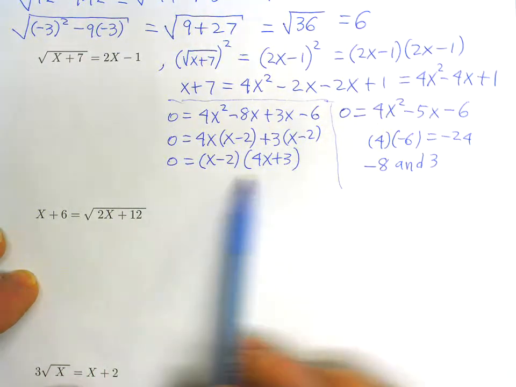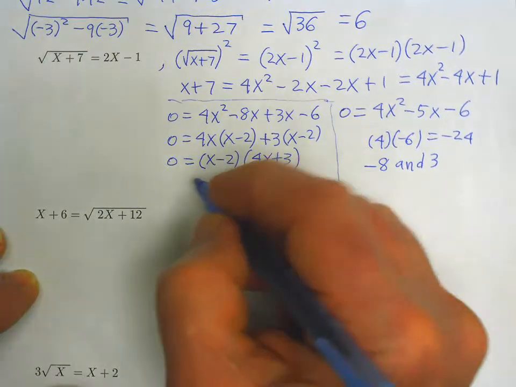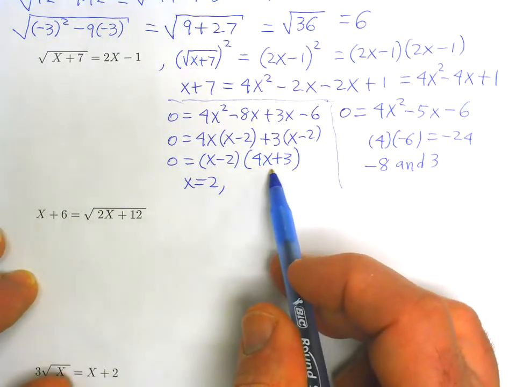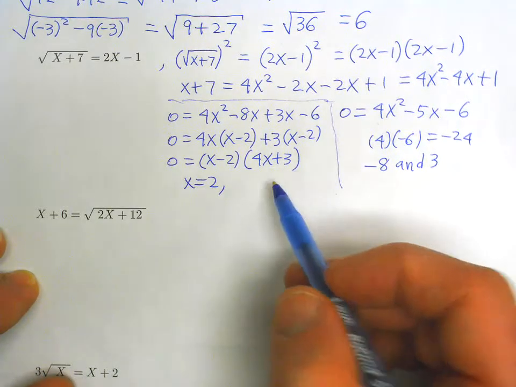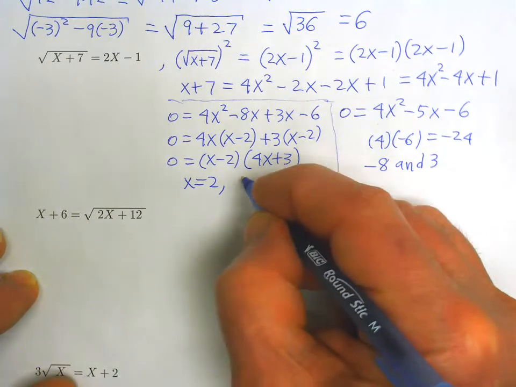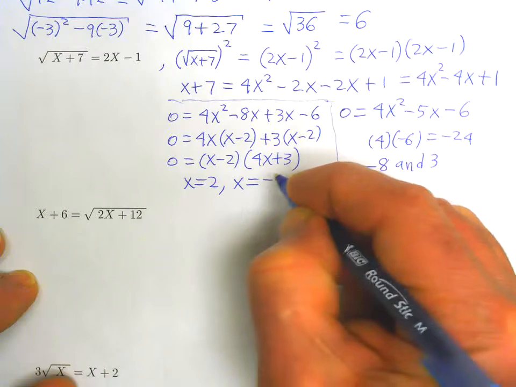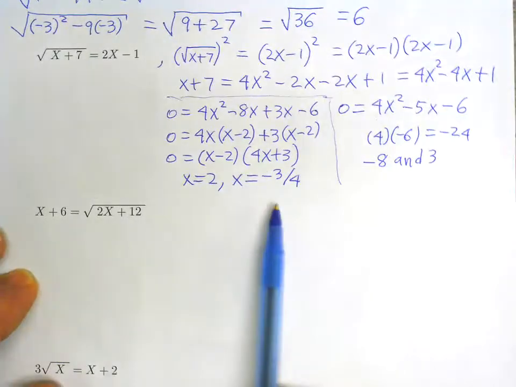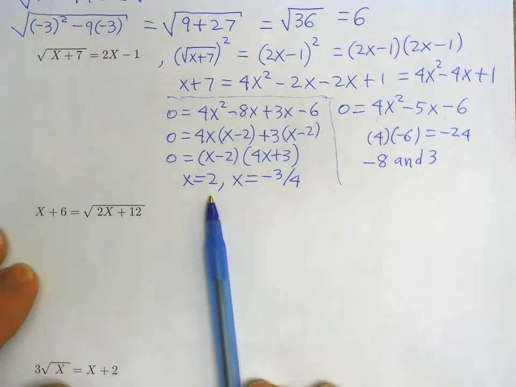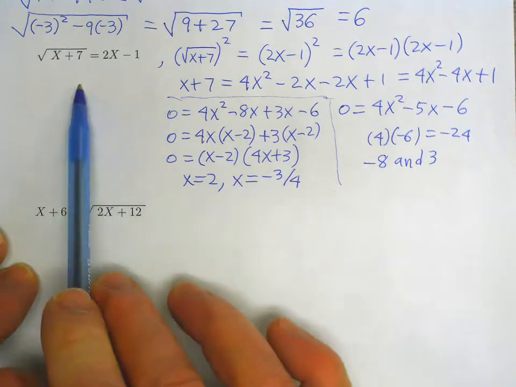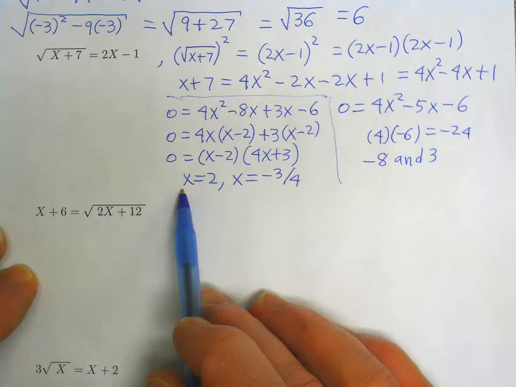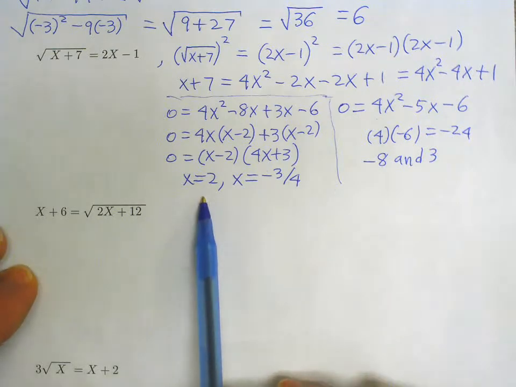This equation has two solutions, x equals 2. And then if we set 4x plus 3 equal to 0, we subtract 3 and then divide by 4. So x is negative 3/4. But we want to check to see if these are solutions to the original equation. So for x equals 2, we can pretty much tell by looking.